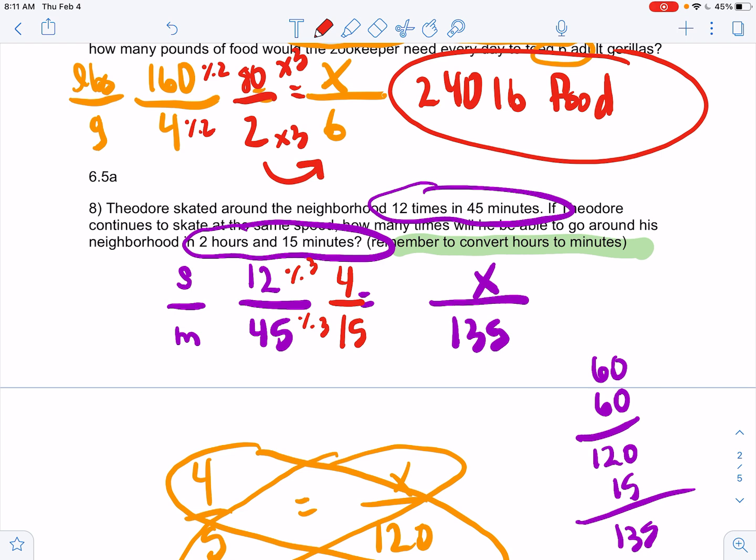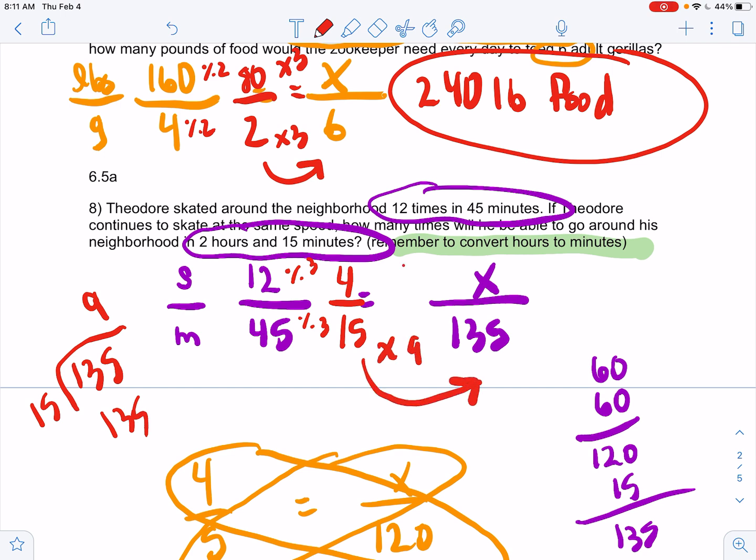And if you take 135 and divide it by 15, it'll be 9. So this would be times 9, and 4 is times 9. So then that means he's going to be able to skate around the park 36 skates around.